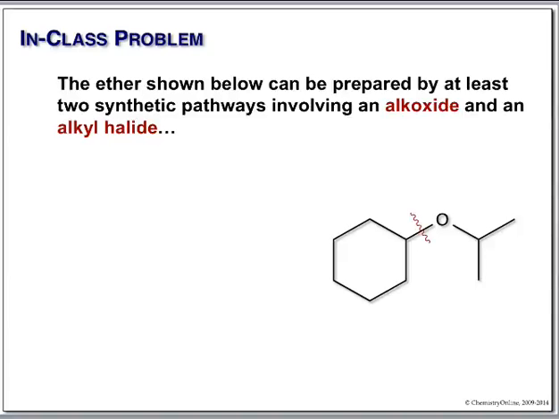As an O-. This is the electrophilic carbon, so here we need a leaving group of some sort. Here's our oxyanion, that's this guy. Here's our electrophilic carbon. I put a bromine on for a leaving group because it's easy to spell. And that one will work.